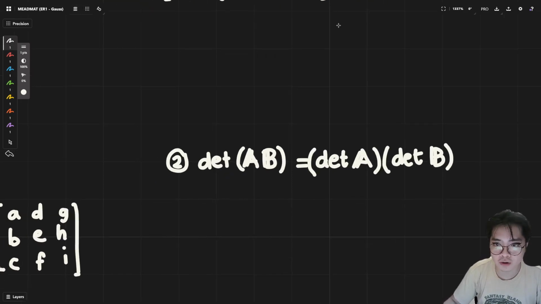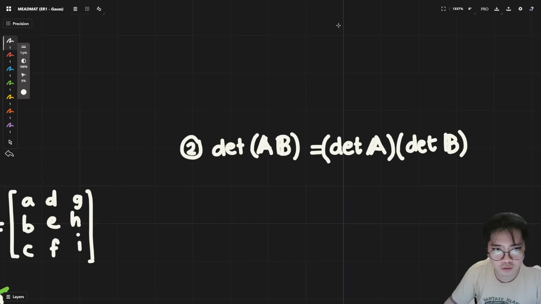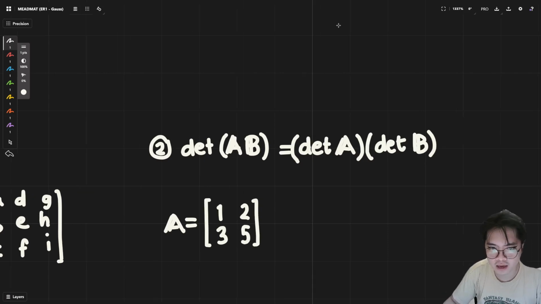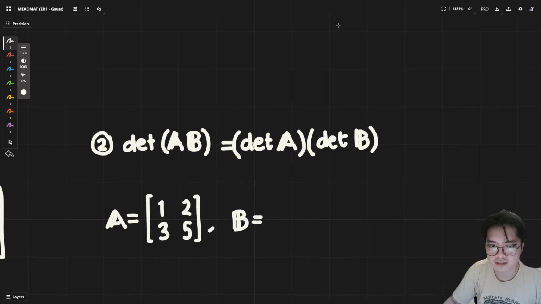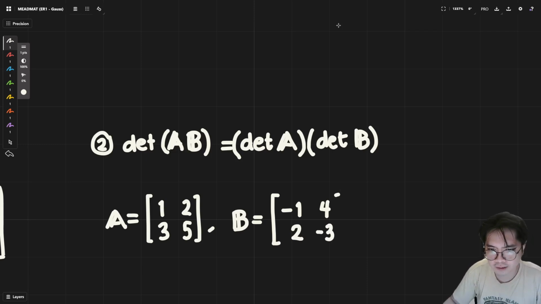At the very least, let's say 2x2 so that we don't get muddled in so much confusion. A is 1, 2, 3, 5. And then B, let's have, I don't know, -1, 4, 2, -3.